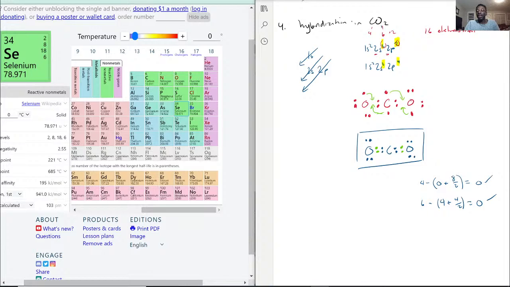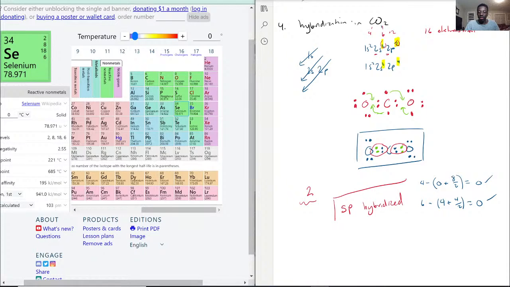So this would be the structure of CO2. Now to find out its hybridization, you have to count how many things are bonded to carbon. We have 1 double bond here and 1 double bond here. But because it's only 2 things, whether it's double, single, or even triple, it still counts as 2. So it has the hybridization level of 2. And when you have a hybridization level of 2, you are sp hybridized.